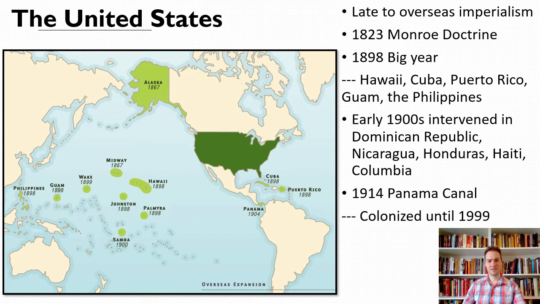And then in the years immediately afterwards, America begins to expand even more across the Pacific to places like Samoa. We start to intervene in politics in the Dominican Republic, Nicaragua, Haiti, Honduras, all over the place, culminating in the U.S. owning a large section of Panama in 1914. Again, this is pretty tricky.